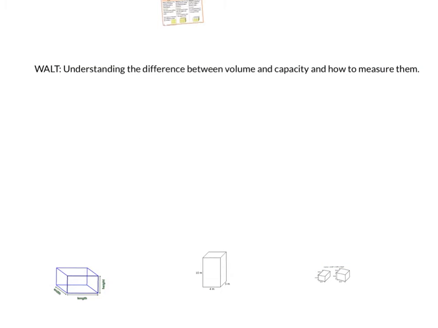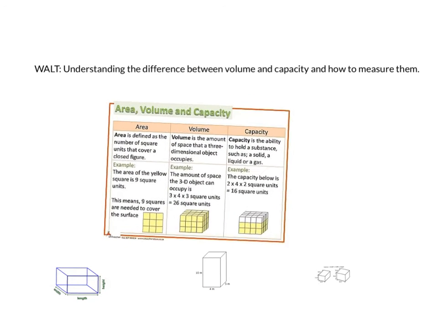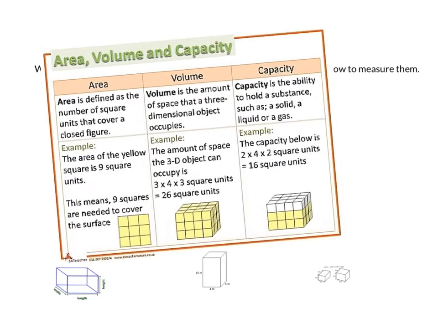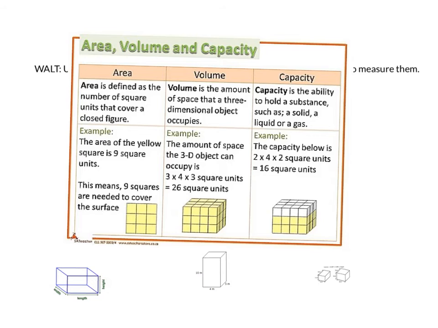Another little poster just to understand as well is this one just here. We've already done area, so you know, number of square units in a closed figure. A volume, of course, is the amount of space that a three-dimensional object, so it refers to 3D objects, takes up. And capacity is that ability to hold something. So you can see here that in this, there's 3 layers.